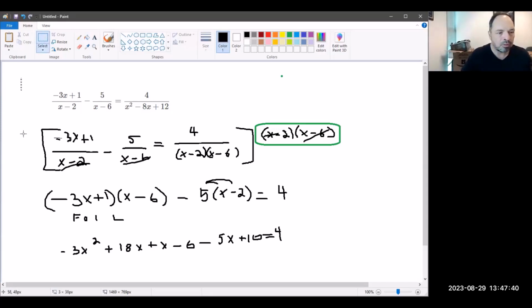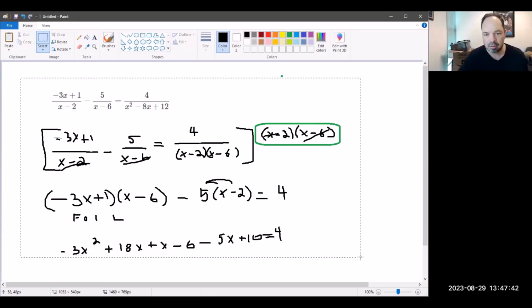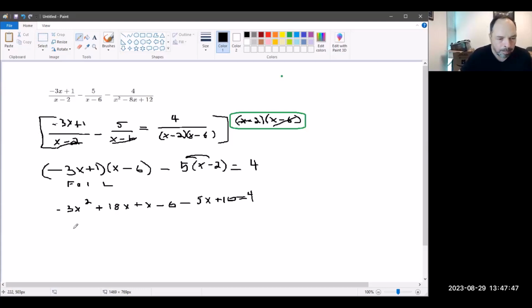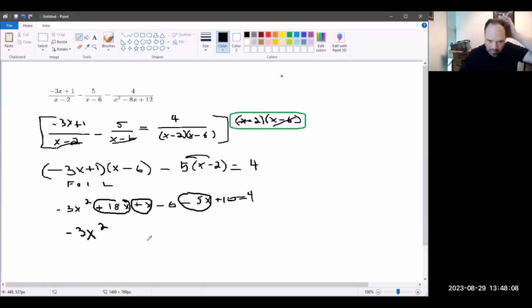And I am going to try to make a little bit of space for myself. I'm going to keep the minus 3x squared, combine this term, this term, this term. So it's 19 minus 5x, which is 14x.